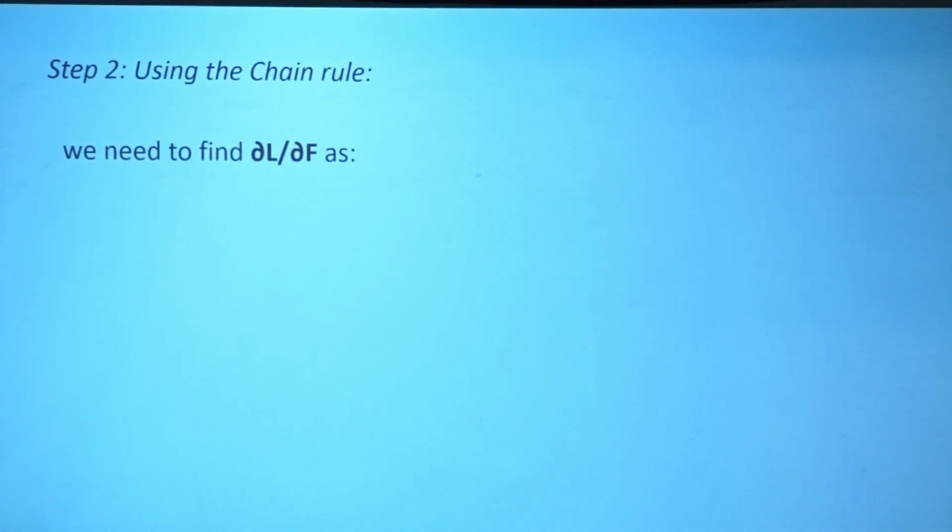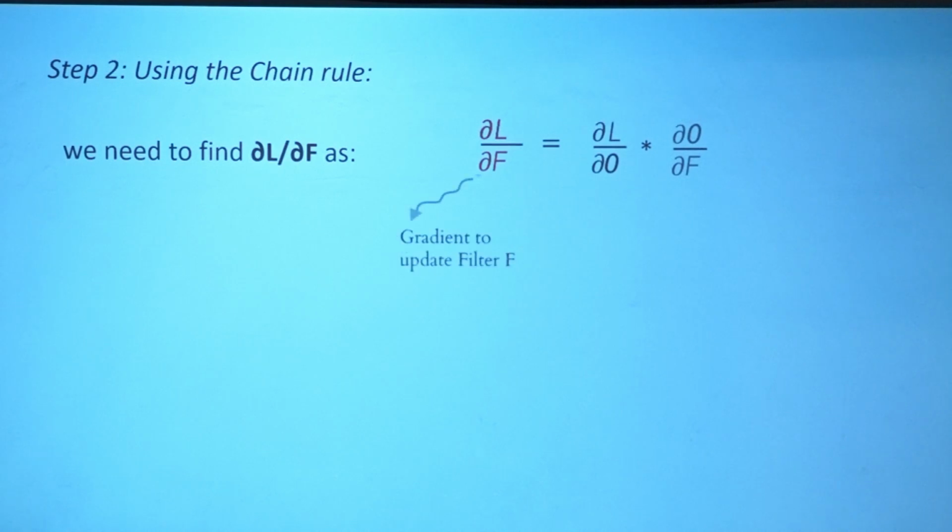By applying the chain rule, we can calculate this ∂L/∂F. You know very well about this, we are discussing it repeatedly. ∂L/∂O, which is the loss from the previous layer, multiplied with the local gradient ∂O/∂F. This ∂O/∂F, I just showed you how to calculate, and we got the values also.